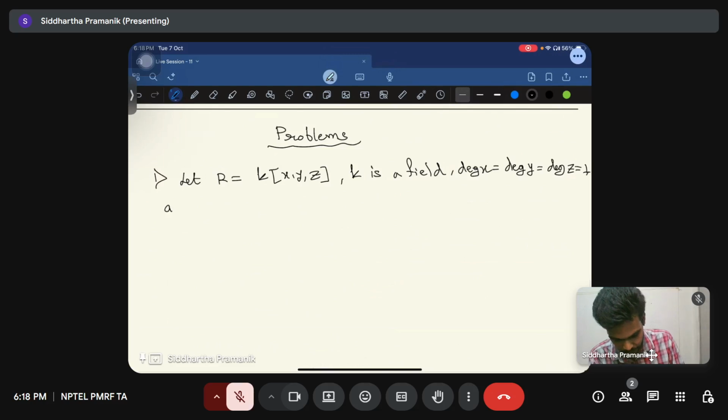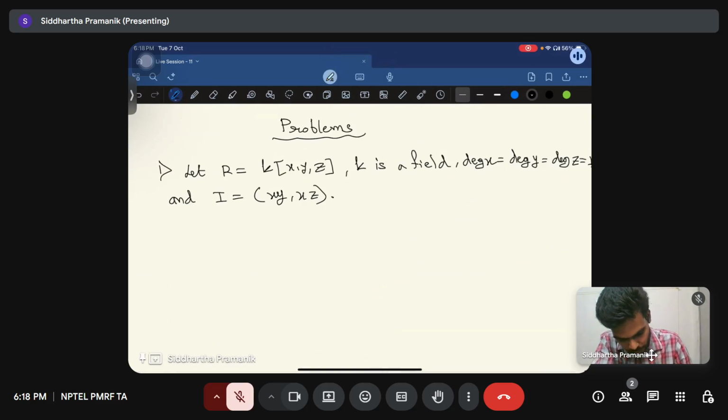And let I be the ideal generated by xy and xz. Then this is also a homogeneous ideal because it is generated by homogeneous elements. So this is a graded ring and we have a homogeneous ideal.